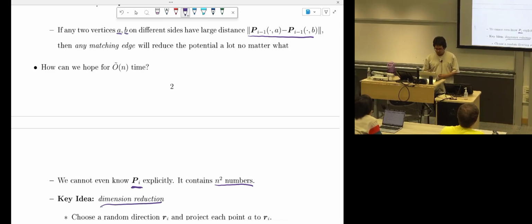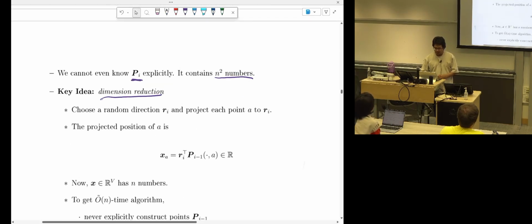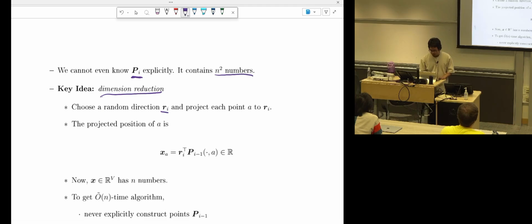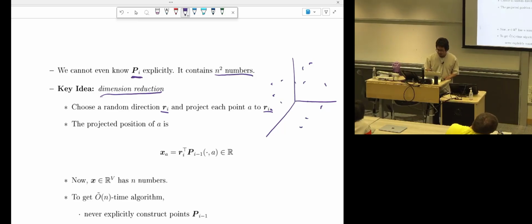Okay. So what we're gonna do next time is that we're gonna basically choose some random direction, and then project every point onto this random direction. You think of having points in high dimensional space, right?